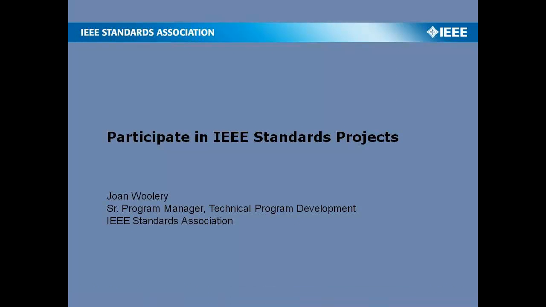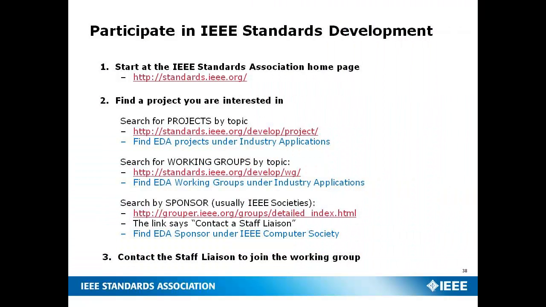Thank you, Sri. We're almost towards the end of our session for today, but first, I wanted to give the audience some information on how they can participate in IEEE standards activities. The first step is to go to the IEEE Standards Association homepage. The URL is posted there on the slides.